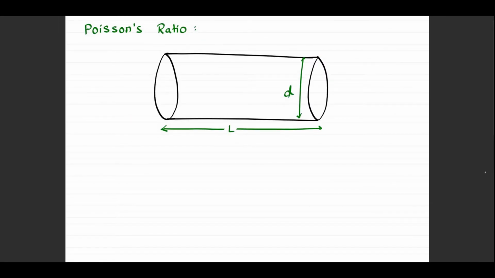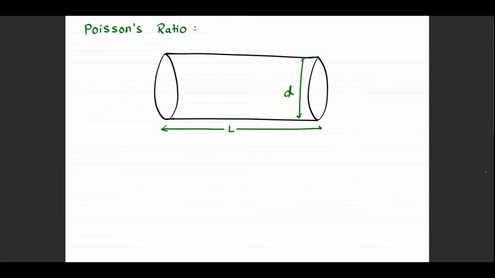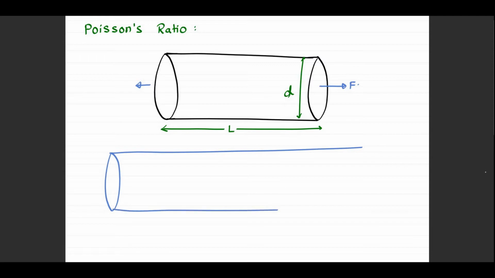Now we will talk about Poisson's ratio. Till now we had considered that if we apply forces like this, the material will simply expand like this.